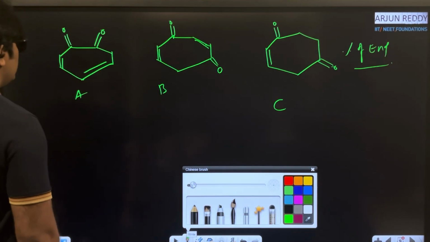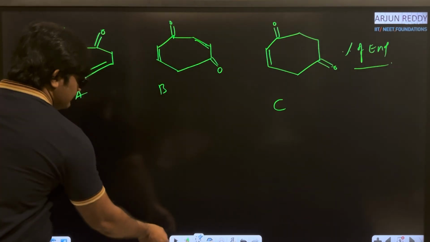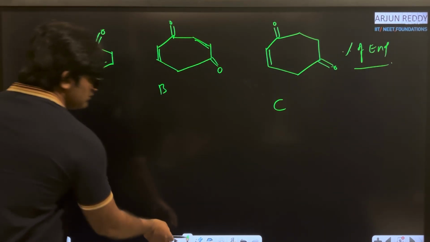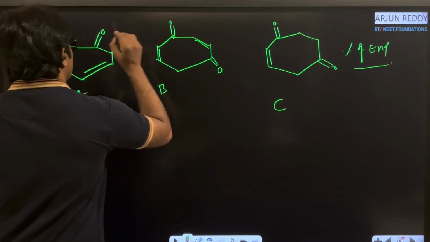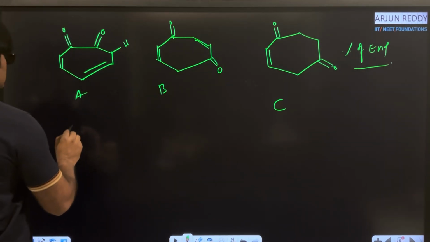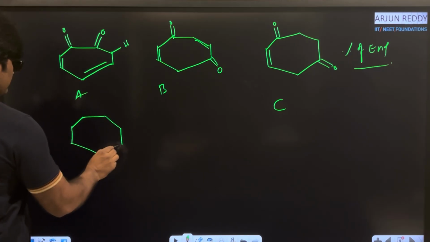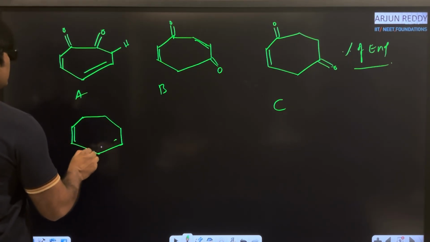First I am going to write the enol forms. In the first compound, from where are we using the proton for enol? From this carbon atom. Yes, hydrogen, very clear. So what is the enol form of this compound? Same 7-member ring system. Here pi bond, pi bond.